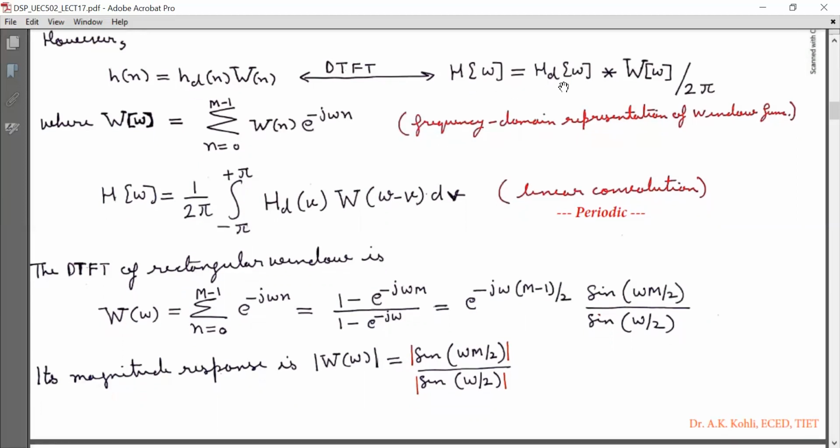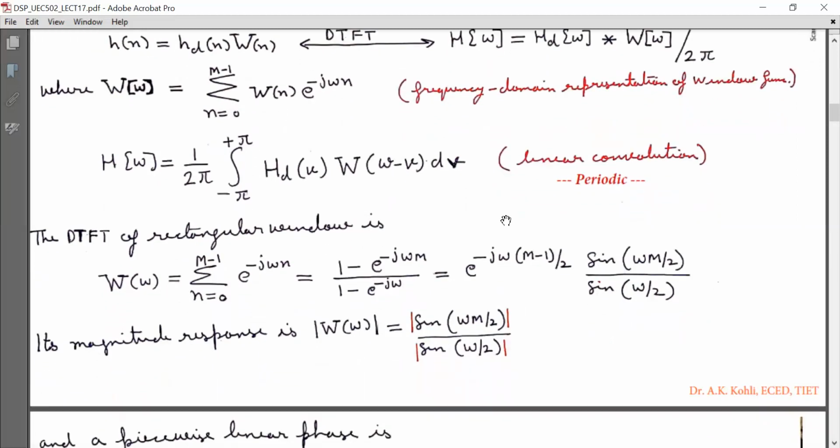Using the concept of signals and systems, I can express it as H(omega) equal to 1 by 2 pi times the integral from minus pi to pi of HD(v) W(omega minus v) dv, that is periodic linear convolution.